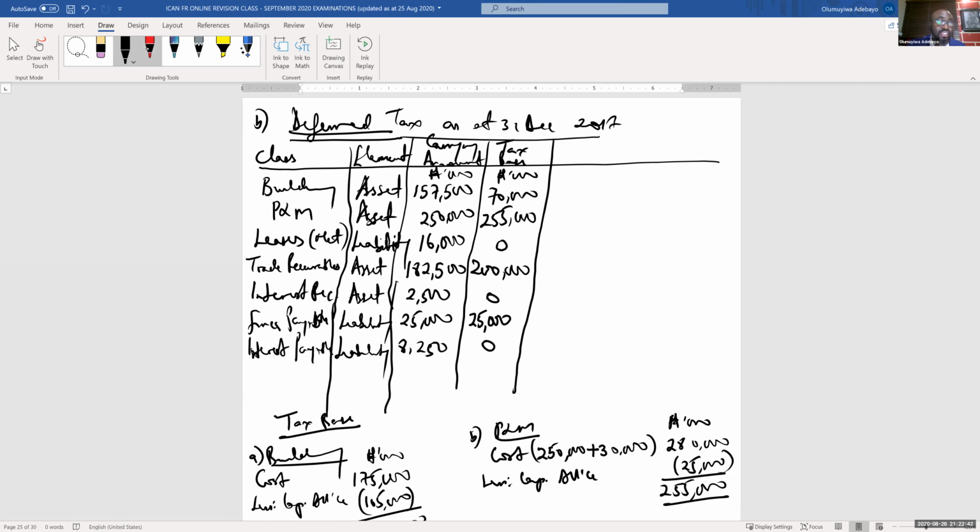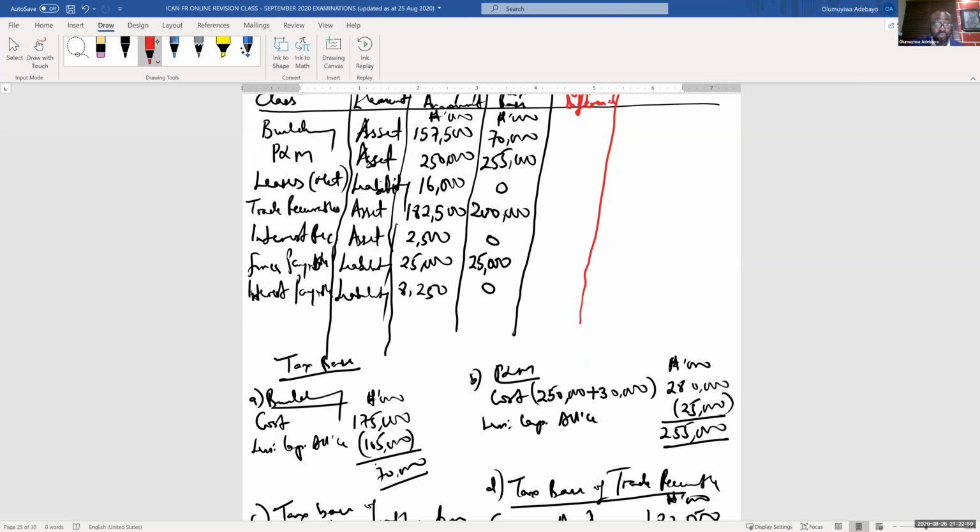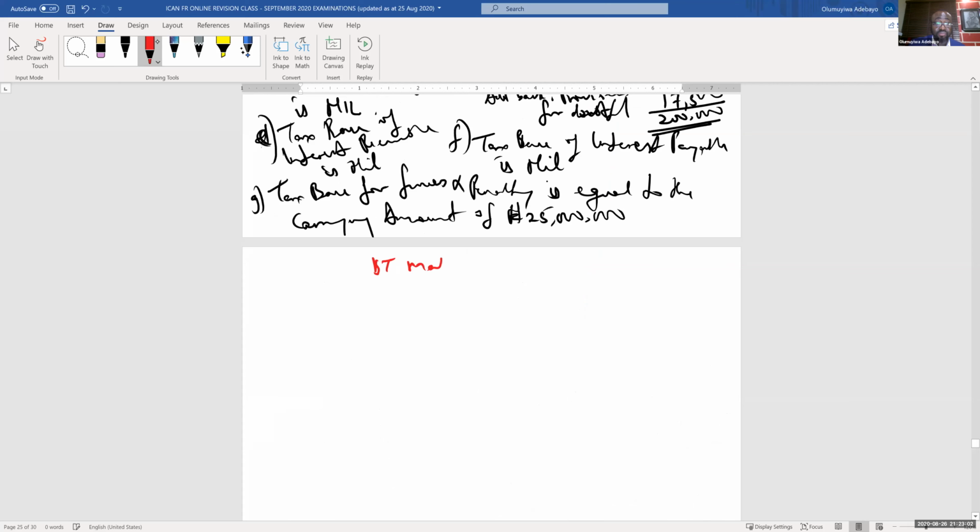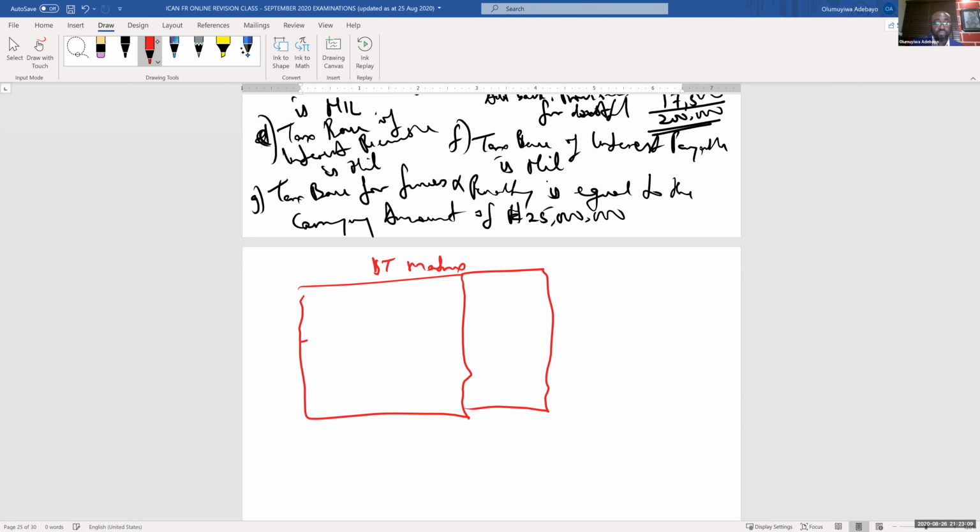The next thing is to recognize our temporary differences. Now, this temporary difference, we have to be careful. Remember this matrix, deferred tax matrix. Asset and liability.